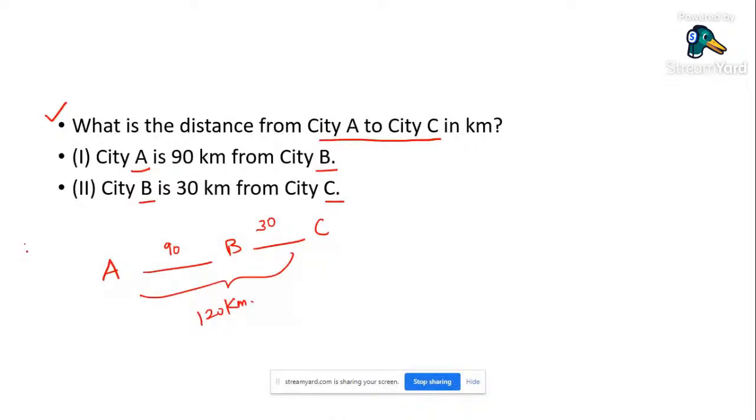Now, B to C is 30. Now, can you say what is the distance between A and C? 120 kilometers. So now what people will think, sir, by getting to know it is 120, we can answer this. This is wrong. This is one of the possibilities.